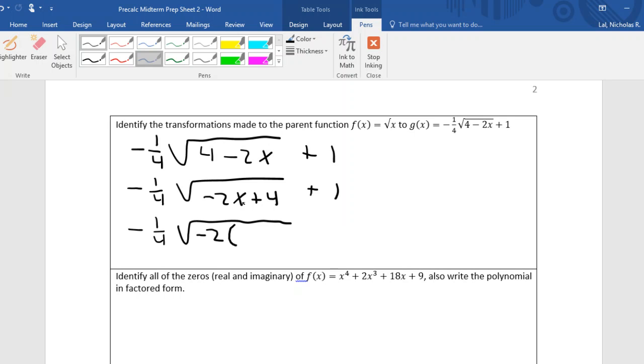What's -2x divided by -2? The -2's cancel out. It's x. What's 4 divided by -2? -2. So you have x minus 2 plus 1.